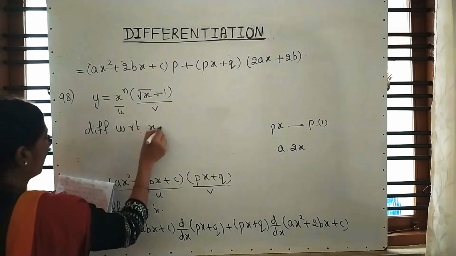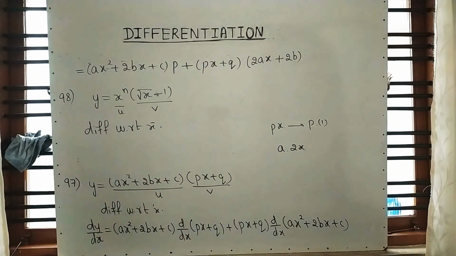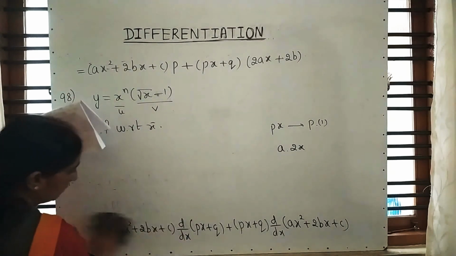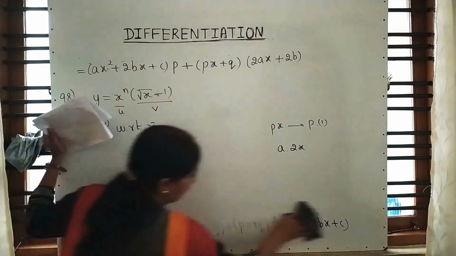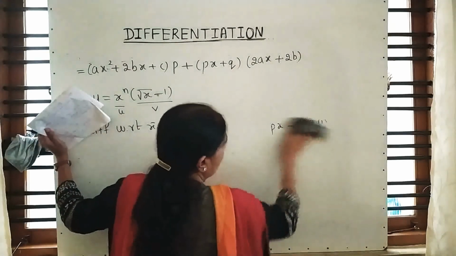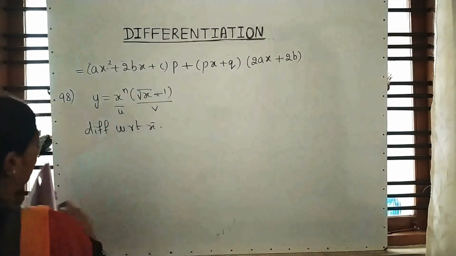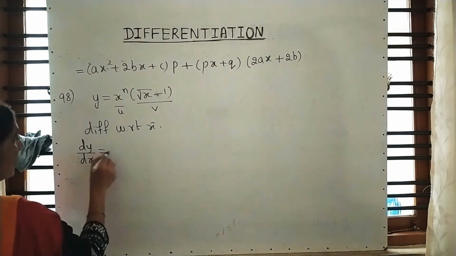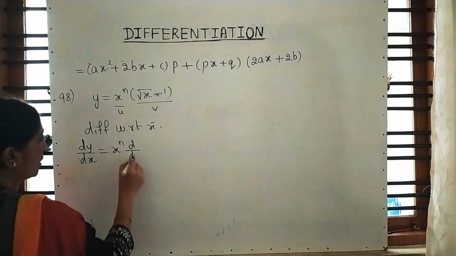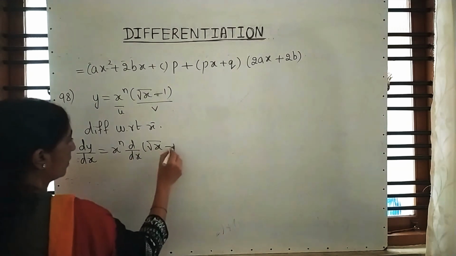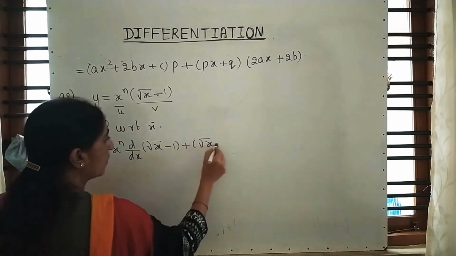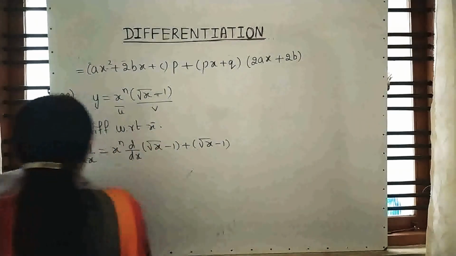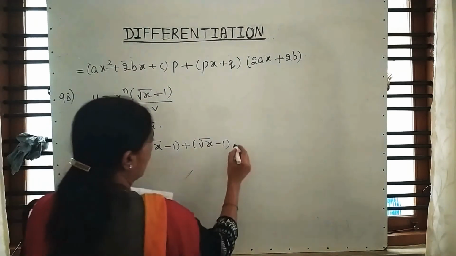Differentiating with respect to x, dy upon dx is equal to x raised to n into differentiation of root x minus 1, plus root x minus 1 into differentiation of x raised to n.